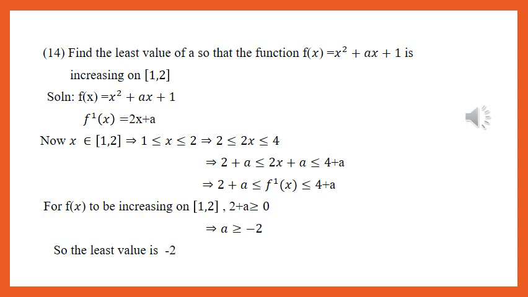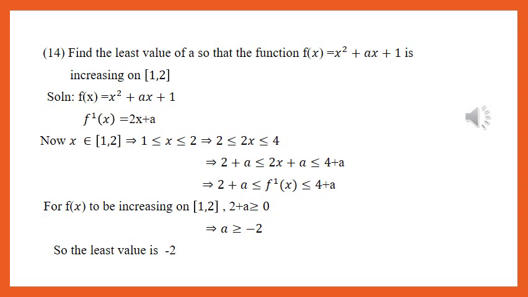Now x belongs to 1, 2 implies 1 less than or equal to x less than or equal to 2. So 2 less than or equal to 2x less than or equal to 4. So 2 plus a less than or equal to 2x plus a less than or equal to 4 plus a. Now we know this 2x plus a is our f dash x only. So we have 2 plus a less than or equal to f dash x less than or equal to 4 plus a.